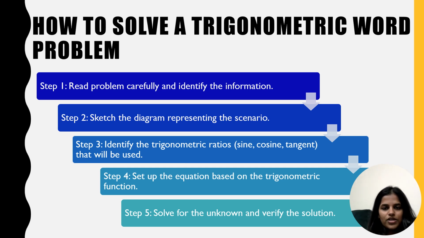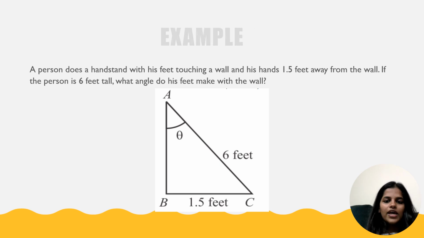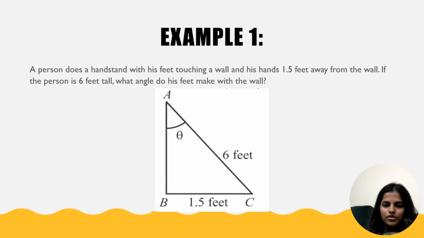So let's not waste time and jump to the example. Here is a very basic example that I've taken. A person does a handstand with his feet touching a wall and his hands 1.5 feet away from the wall. If the person is 6 feet tall, what angle do his feet make with the wall?